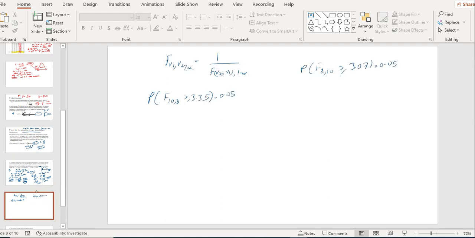So if I take the reciprocal, 1 upon F of 8, 10, then the sign of inequality will change: 1 upon 3.07 is 0.05, and the reciprocal of F of 8, 10 becomes F of 10, 8, right? And this is less than or equal to, so what is the reciprocal of 3.07?